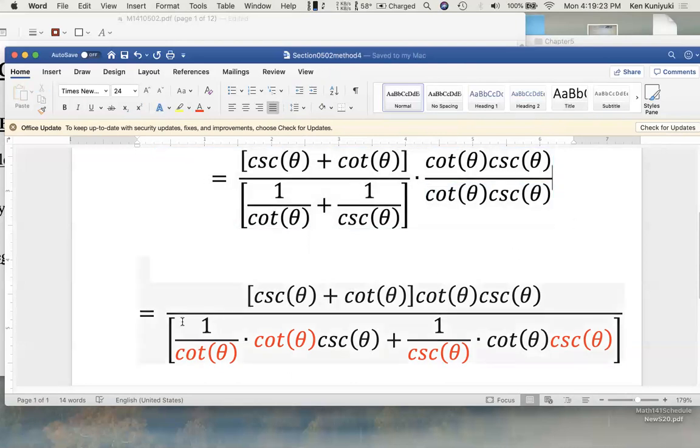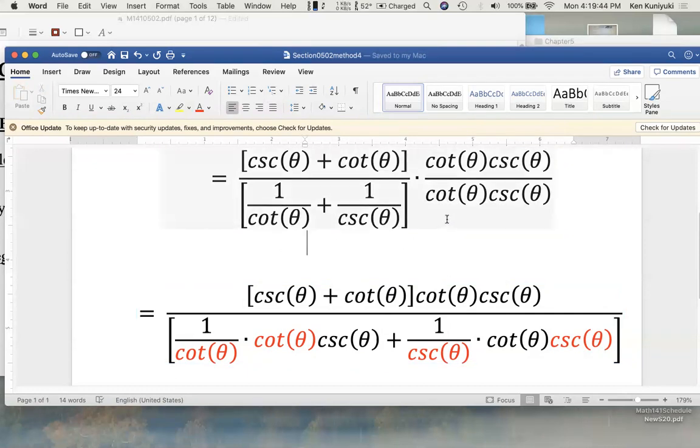Now, you can actually skip this step here if you do the following step, but I will show you this step to clarify what's going on. And some students might need to do this, especially as they're still learning or reviewing how to work with rational expressions in trig functions, in this case.